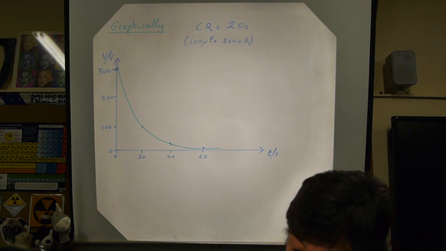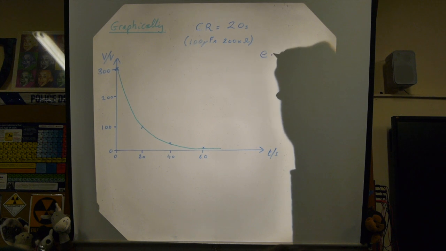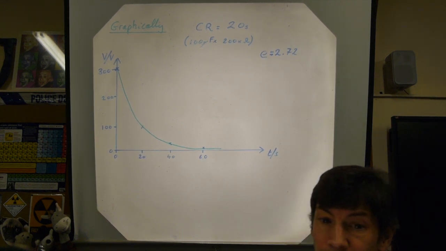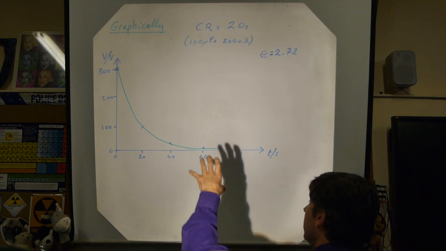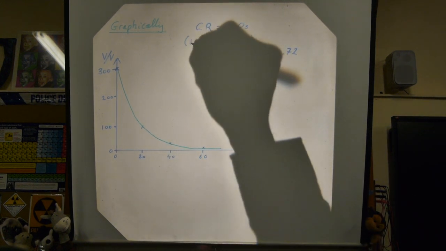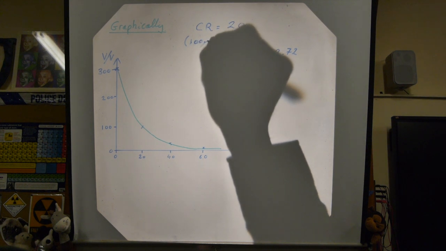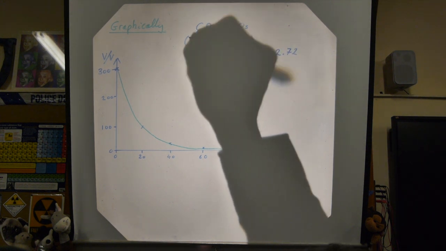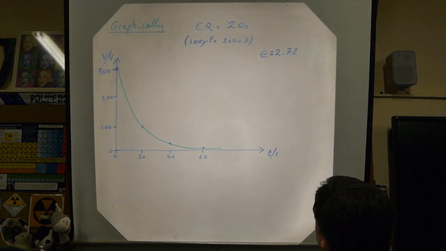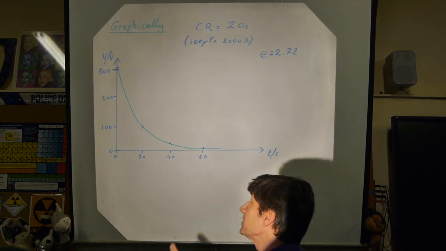So you remember e was 2.72 or thereabouts. And the crucial thing here, having smudged my data, not using a permanent pen here, is CR.